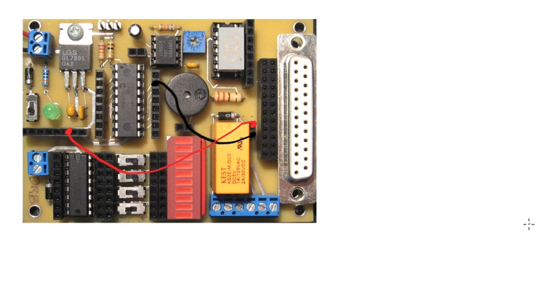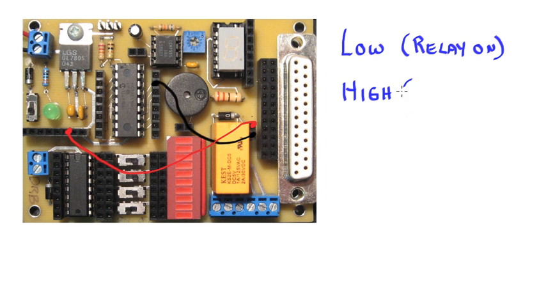In this particular example, when we have it sinking, a low is going to turn on the relay because we are sinking. When we cause that port to go high, that's when the relay will go off.